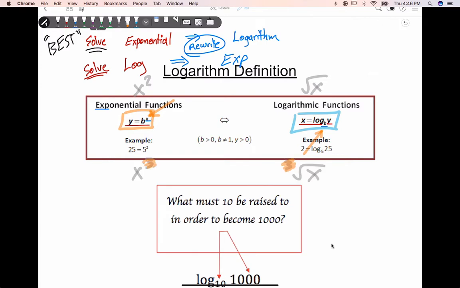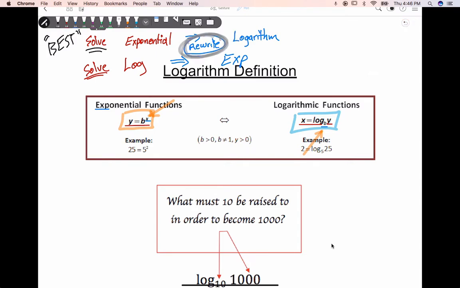So when we've had equations that look like this, and I've asked you to solve for it, you take the square root, which cancels the squared piece, and all I'm left with is just x. And remember on this, it's plus or minus 9. But my point is that these two cancel each other out so that the x is left. They're called inverses of one another. Well, the same with logs and exponentials. They are inverses of one another. That's why they're interchangeable when it comes to their rewrites.